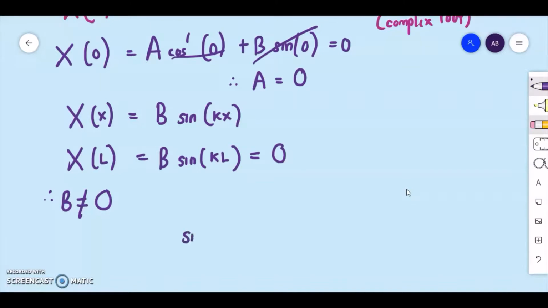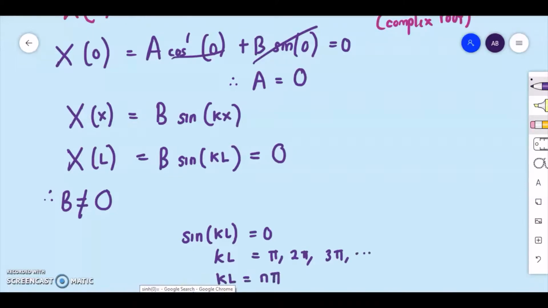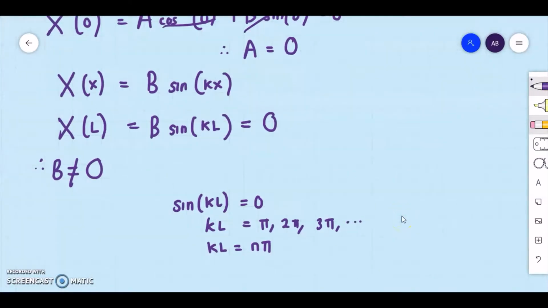So what we have here is sine kappa L equals 0. The values of kappa L when sine is 0 are pi, 2 pi, 3 pi, and so on. So kappa L equals n pi. So kappa will be n pi over L.